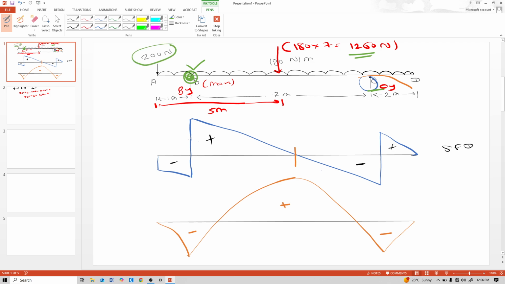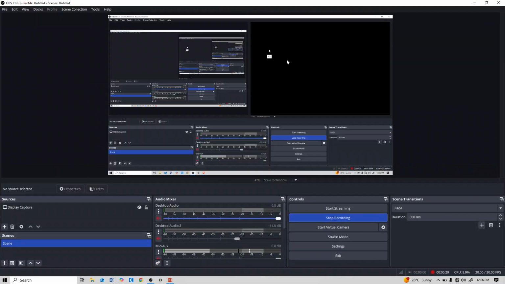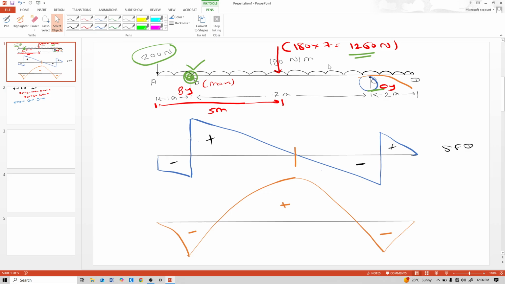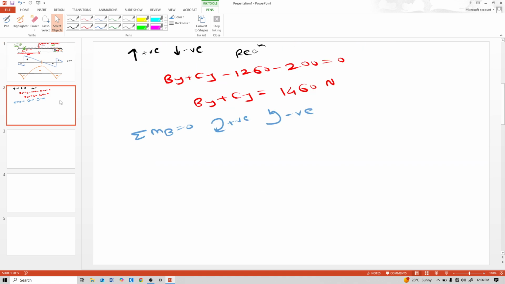So clockwise positive, anti-clockwise negative. 1260 is clockwise, and from A it is 5, but from B it is 4 meters. So 1260 into 4.